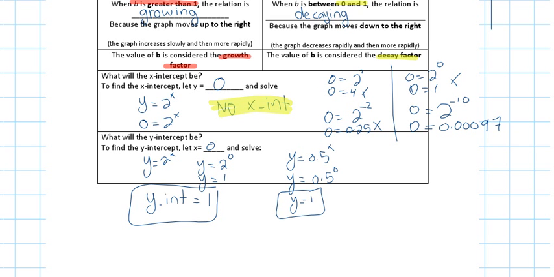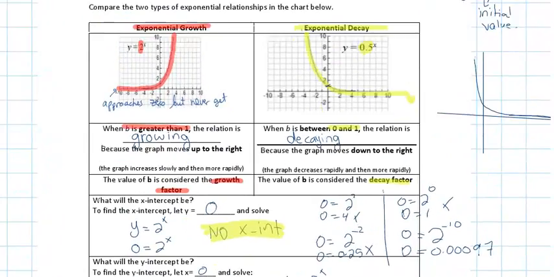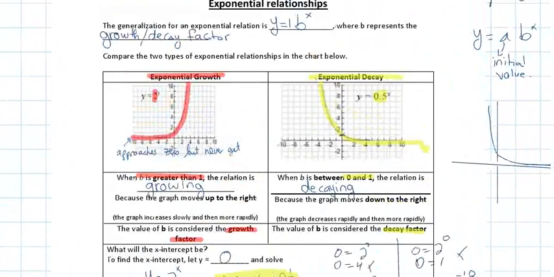So unless I have a transformation, unless I have an initial value other than 1, your y-intercept is going to be 1. Whatever your initial value is, that will be your y-intercept. So in this case, my initial value is 1. So that's going to be my y-intercept.